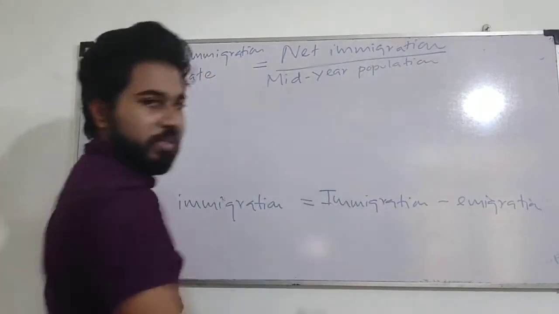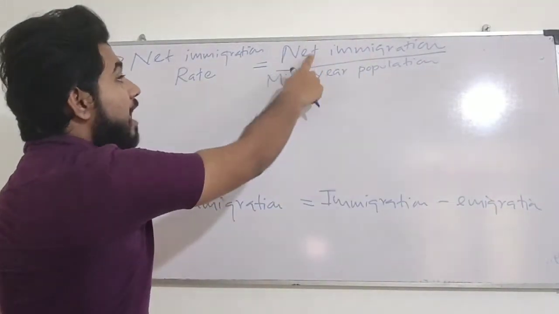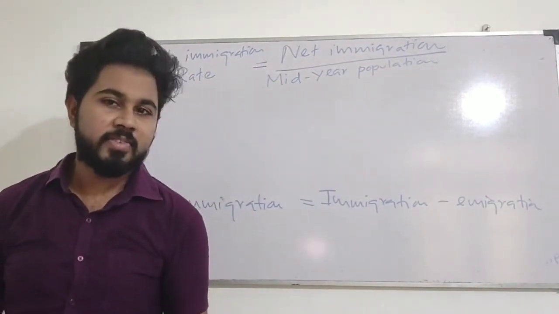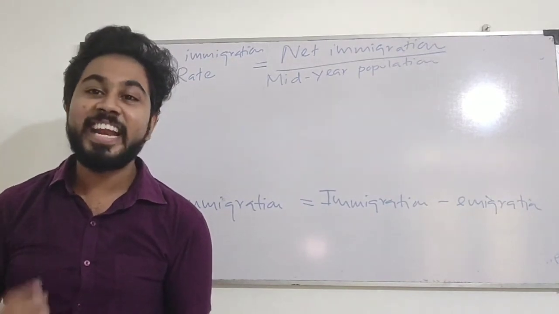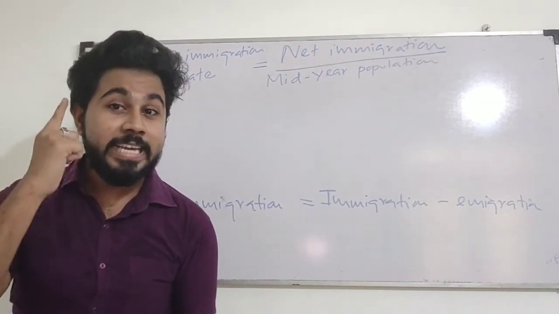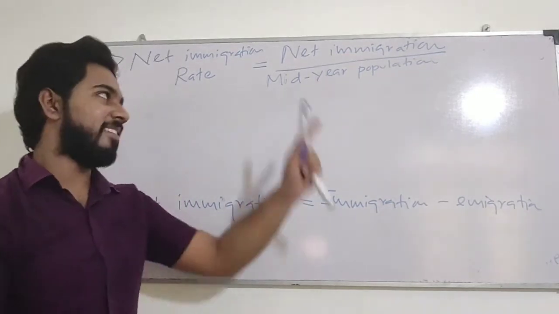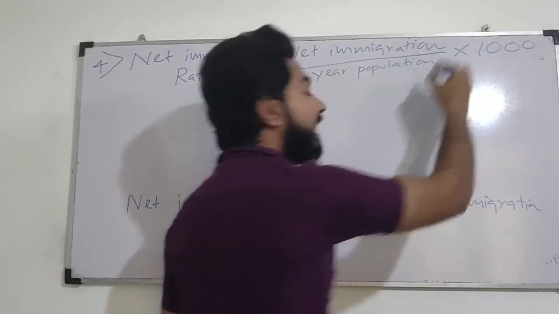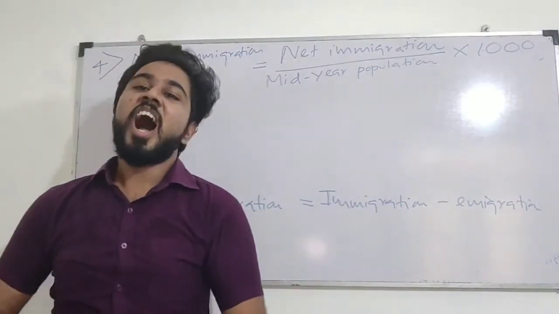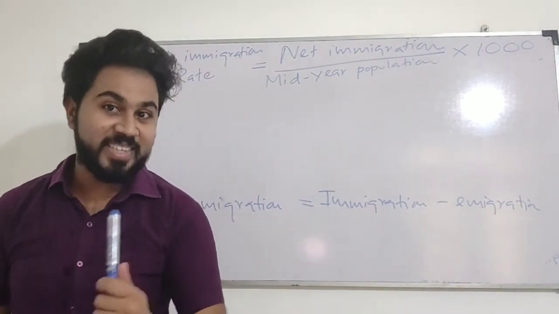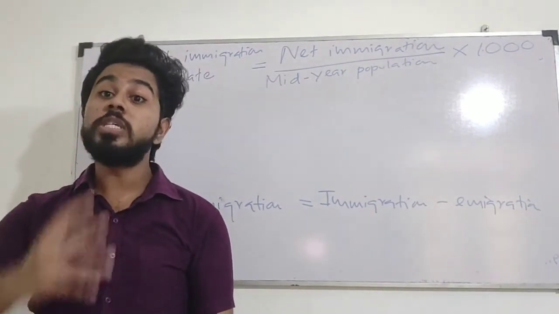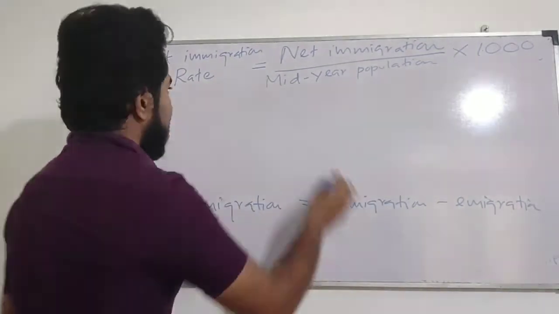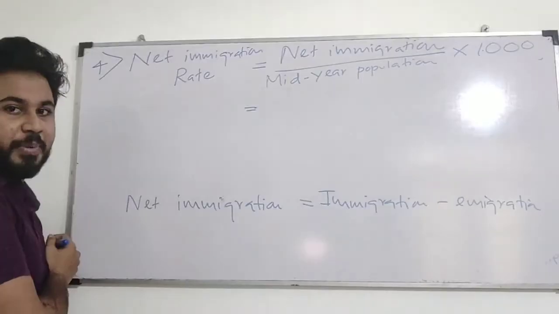If you divide net immigration by mid-year population, what is the meaning of the answer? It is how many net immigrations happen per person in the country. If we multiply this by 1,000, it is how many net immigrations happen per 1,000 persons in the country.